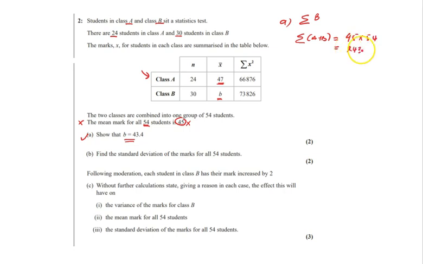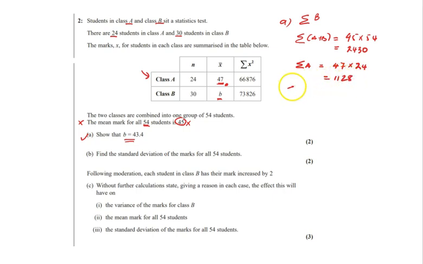It means that when you add up all the marks for the two classes, you end up with 45 times 54. But also we know the average of class A, which is 47. That means on average everyone in class A has 47, multiplied by how many are they? They are 24. You're going to end up with 1128.